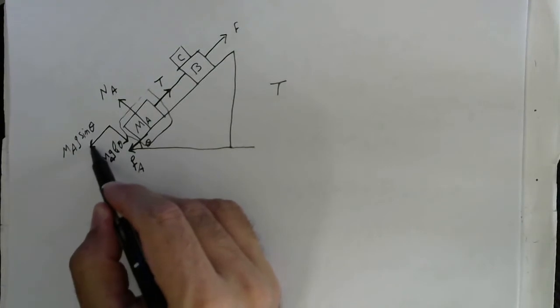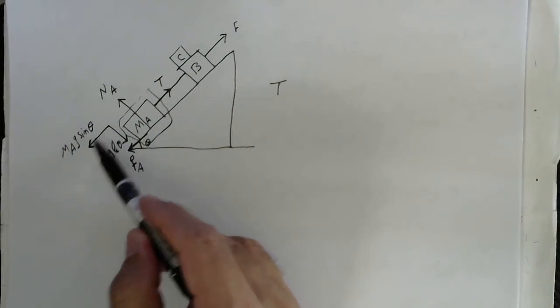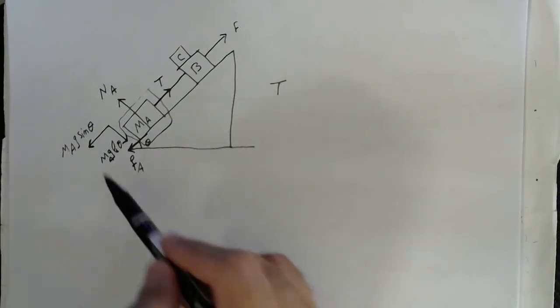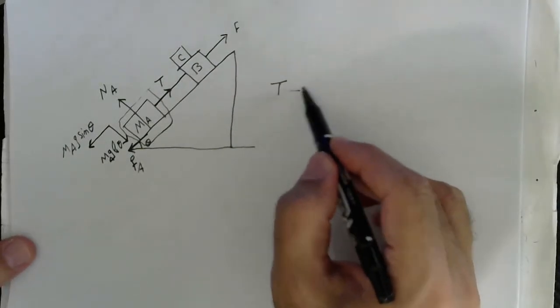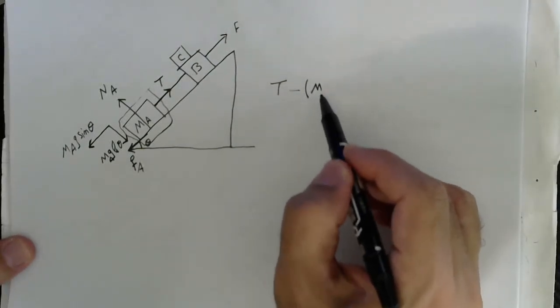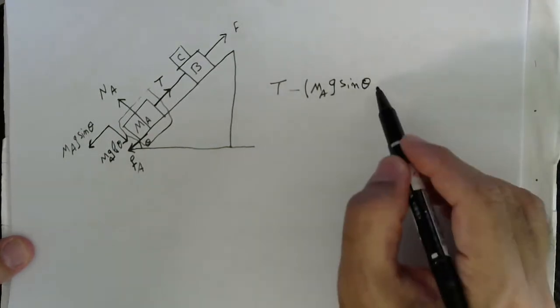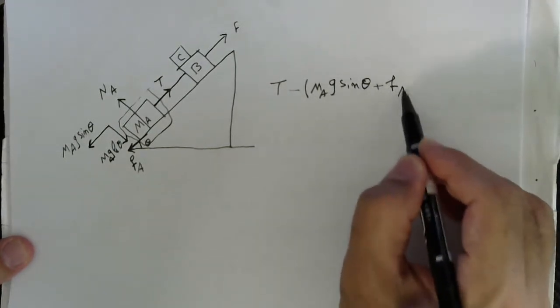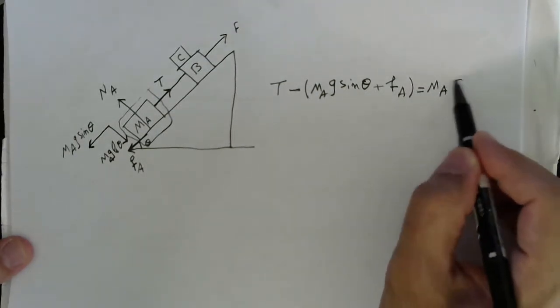As we said, T is the driving force, and then mg sine theta is opposite, plus the resistance. So the equation becomes T minus m_A g sine theta plus f_A is m_A a.